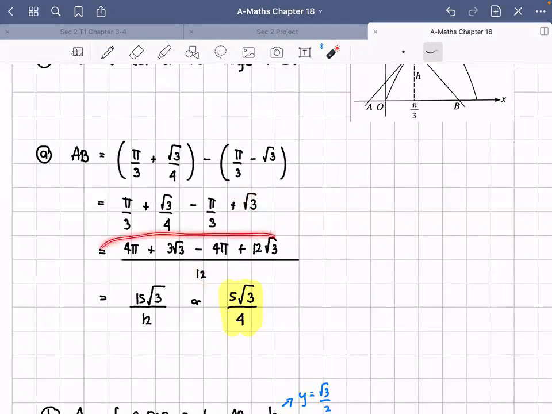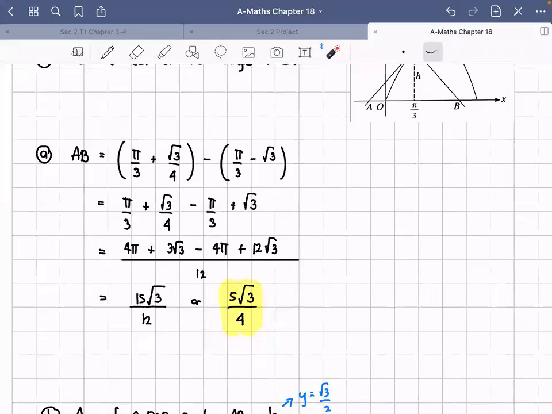Then just simplify this. The 4 pi terms cancel out to 0, and then you have 3 root 3 plus 12 root 3. Since they have the same roots, we can add them. So I have 15 root 3 over 12, and when you simplify that, it becomes 5 root 3 over 4.